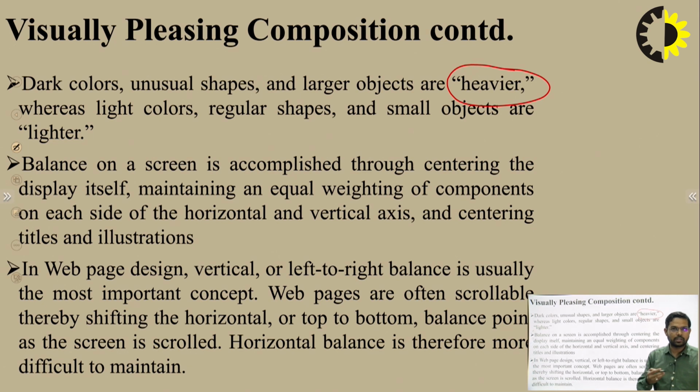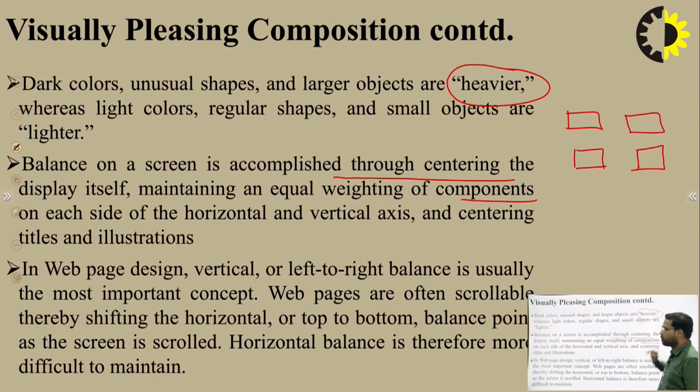These are the factors that are visually pleasing to our eyes. So balance on a screen is accomplished through centering the display itself and maintaining an equal weighting of components, top and bottom. For example, I am using these boxes for a particular balance. So that is the balancing.